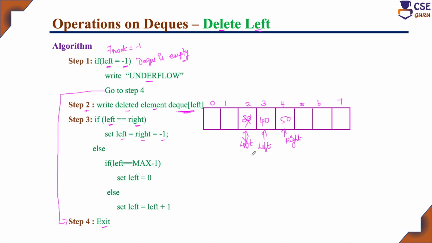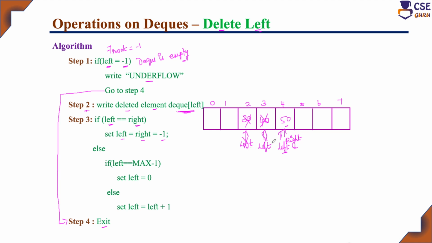Again, if you are implementing the delete left operation, just increment the left pointer by 1, and automatically the left pointer will point to the fourth memory location. The third memory location element will be automatically deleted. Now, the left and right pointers are both pointing to the same memory location.